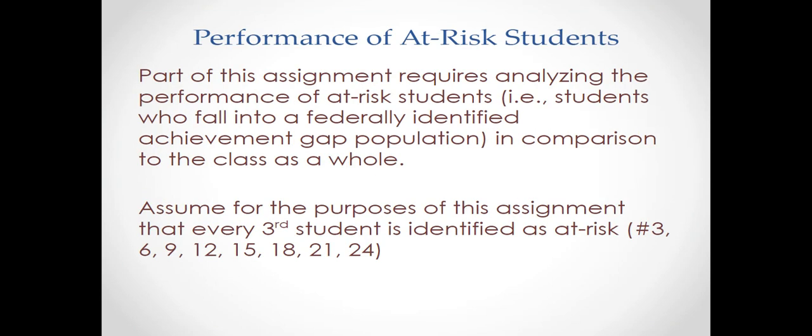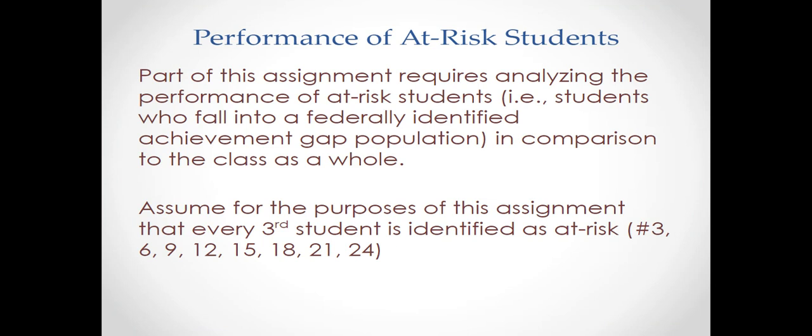Once you have that done, you're going to want to take a little bit of time to think through and take note of who your at-risk students are in the class. Now, I'm going to go ahead and tell you that your at-risk students in this class are pre-identified for you. At risk doesn't mean that they performed poorly.